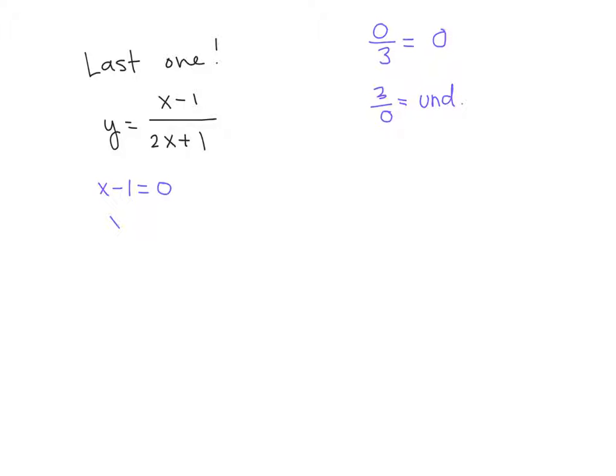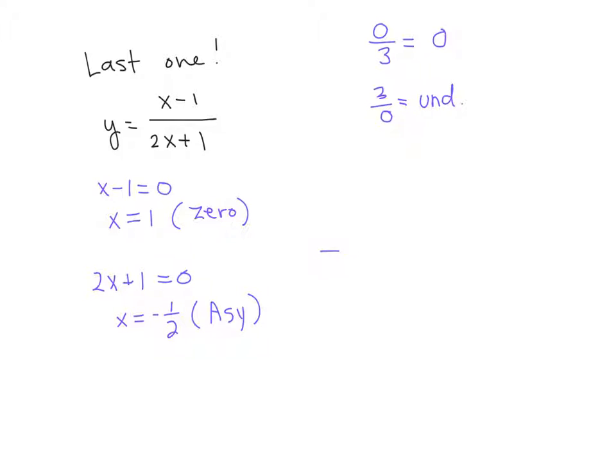So when x is equal to 1, that's where my 0 on this function is going to be. When the denominator goes to 0, 2x plus 1 is equal to 0. So x is equal to negative 1 over 2. That's where it's undefined. In other words, that's where the asymptote is.